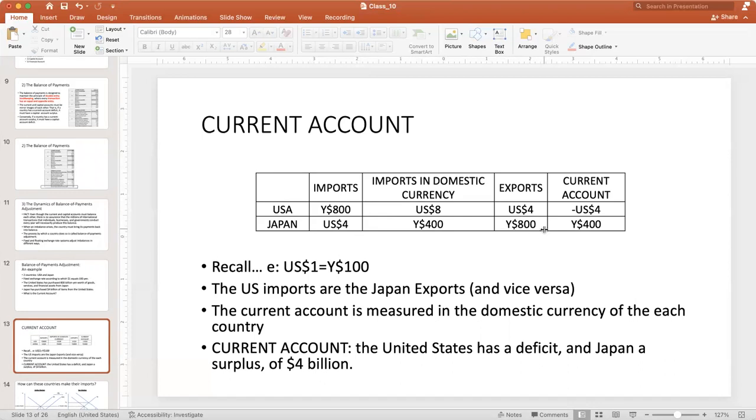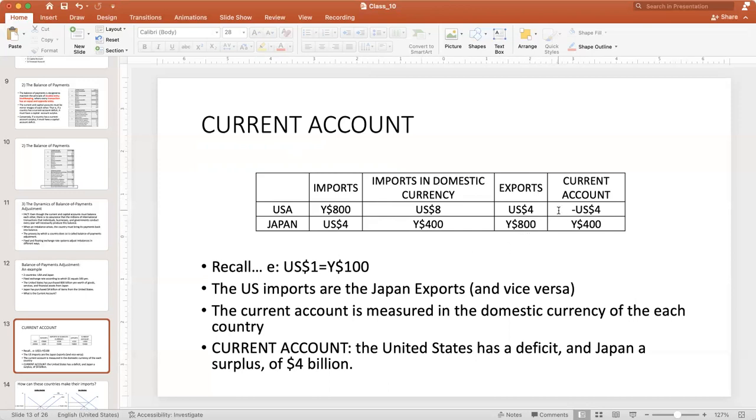So we have at this moment imports in dollars and exports in dollars. So the current account of the United States is a deficit of 4 billion dollars. And in Japan, we have 400 billion yen of imports and 800 billion yen of exports.